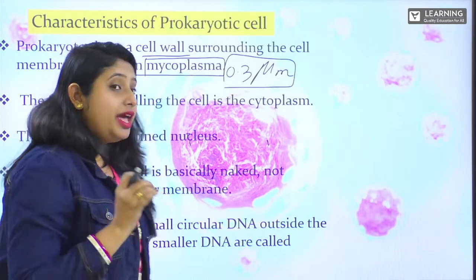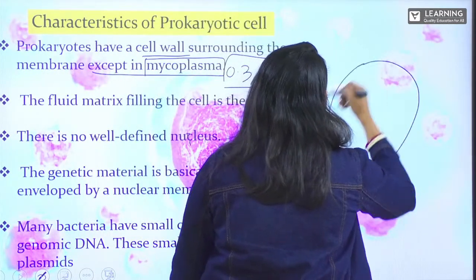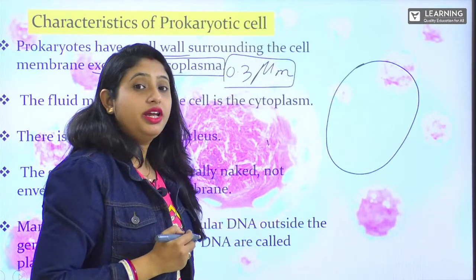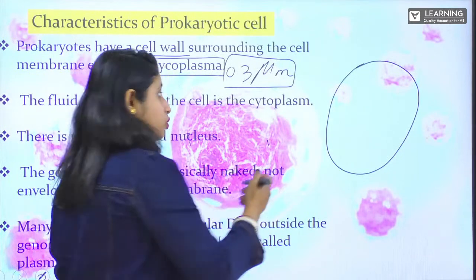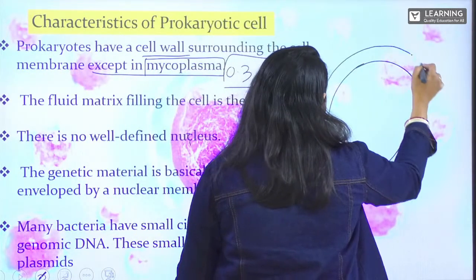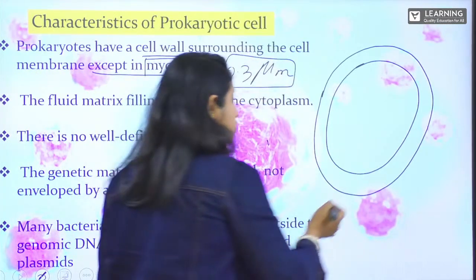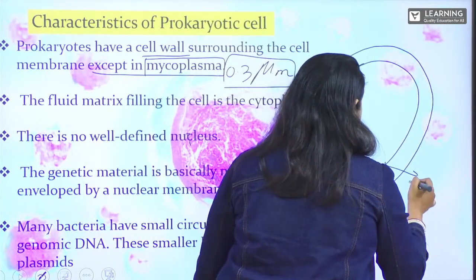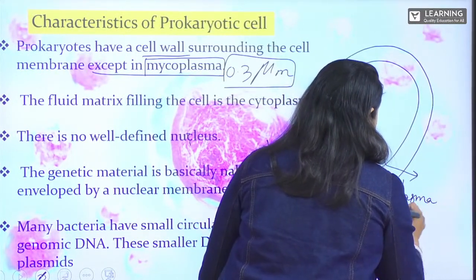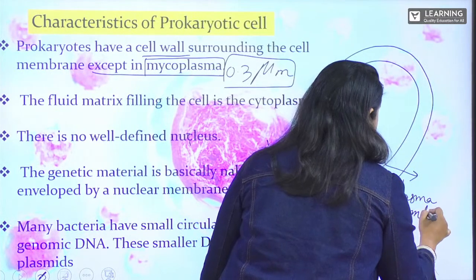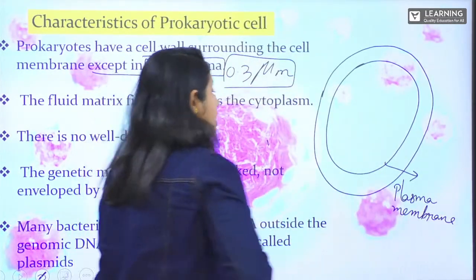Clear? So they have a cell wall. So when I talk about the cell wall, what do you mean by this? Cell wall is what? It is the outer membrane. It is present just after the plasma membrane. So if this is the plasma membrane, the cell wall will be this one.